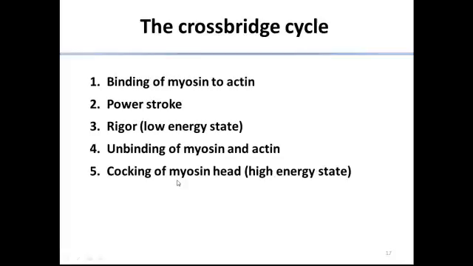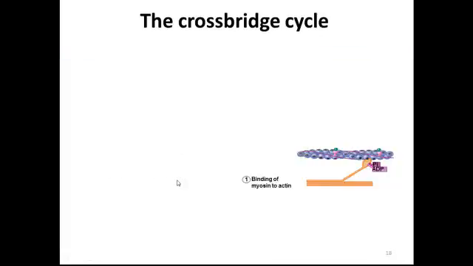So let's look at the cycle. The first step is the binding of myosin to actin. The head with the actin binding site on the myosin binds to the myosin binding site on the actin, where you have both inorganic phosphate and ADP.